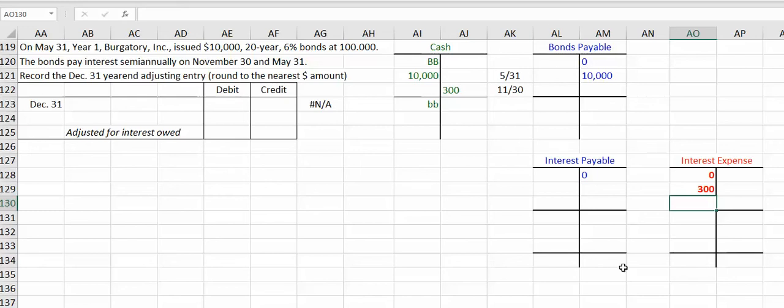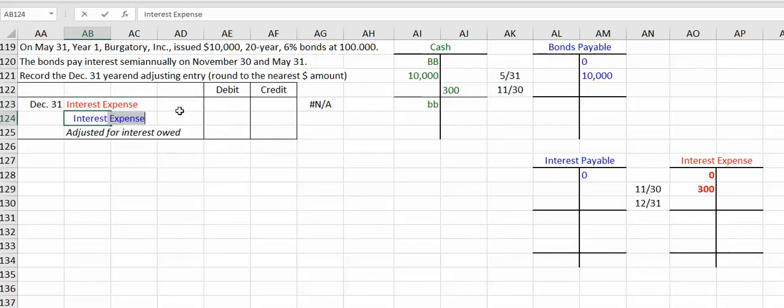The next date we have to worry about, though, is December 31. So we've paid through November 30th, but by the end of the accounting period, 12/31, we have to record that last month of interest that we owe. We aren't going to pay until the next period, May 31, but we have to record the interest that we owe for that last month in that first year's accounting period.